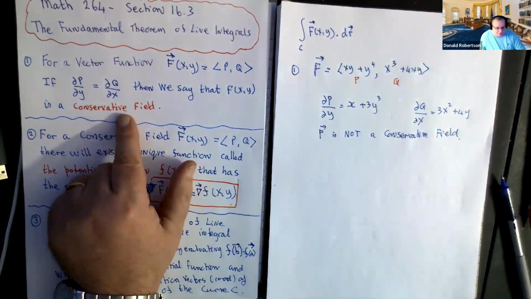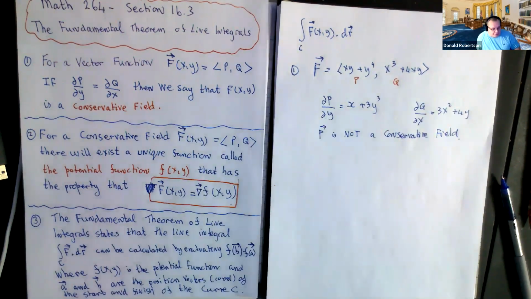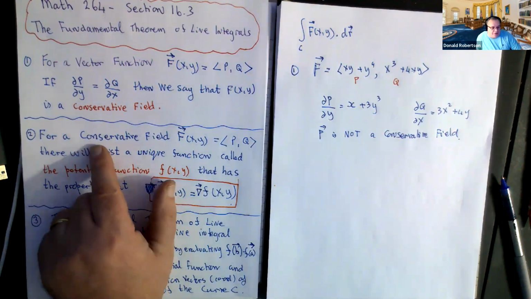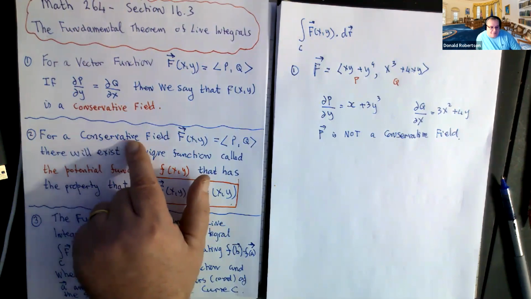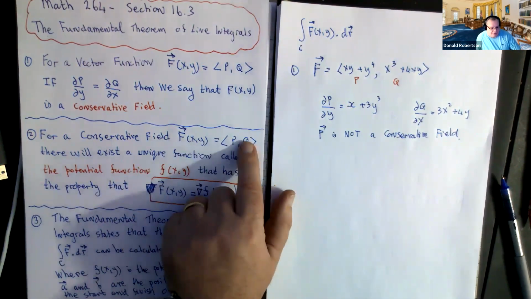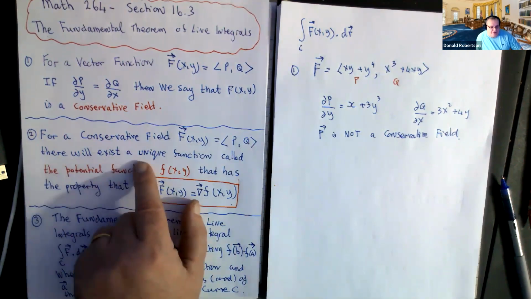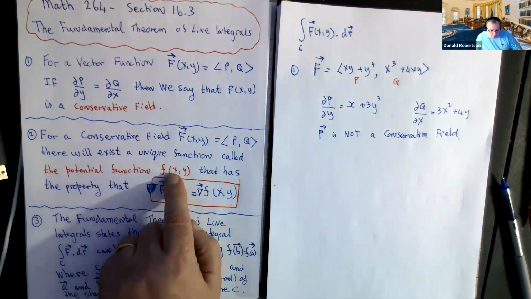If you do have a conservative field, right? So this is true, these are equal. If you do have it, then you can factor in this theorem. And it says that for every conservative field F in this format, there's going to exist a unique function called the potential function, right? This is not a vector function. This is a function of x and y.